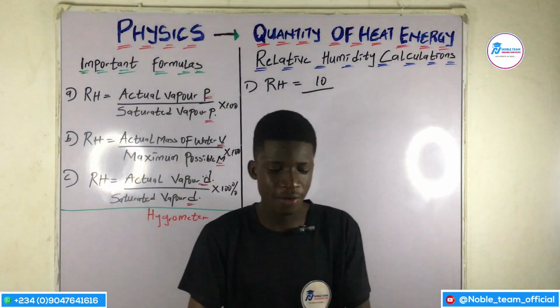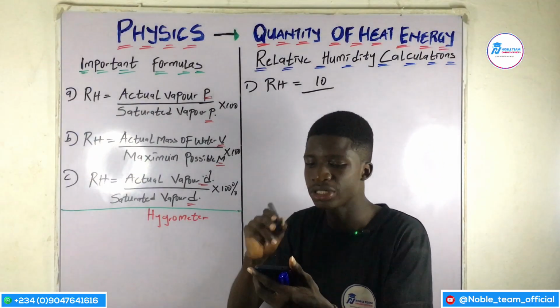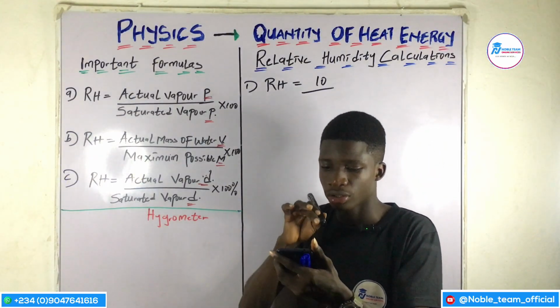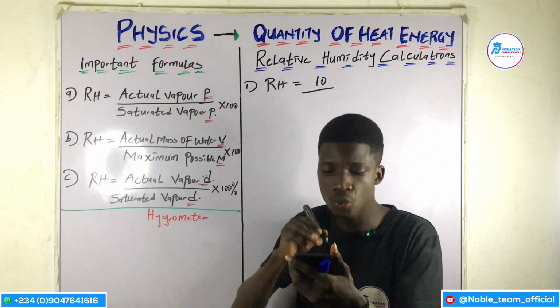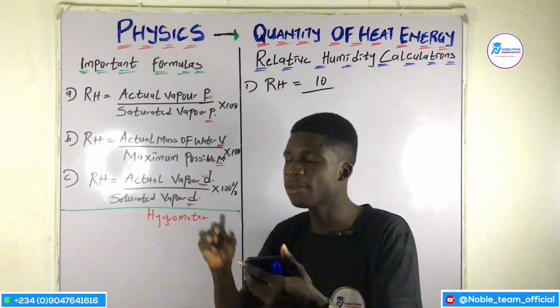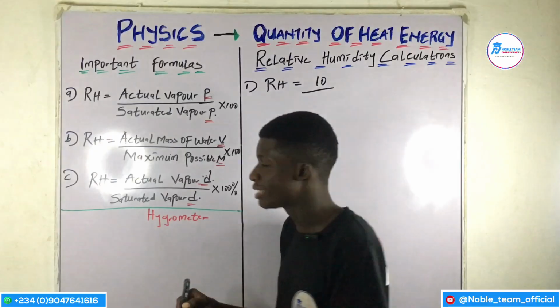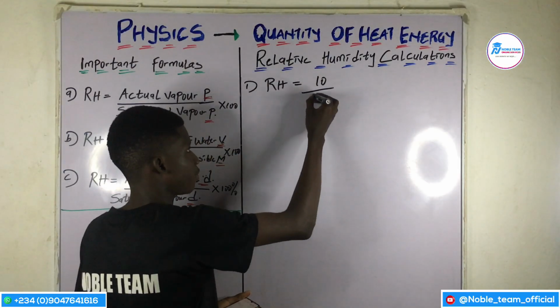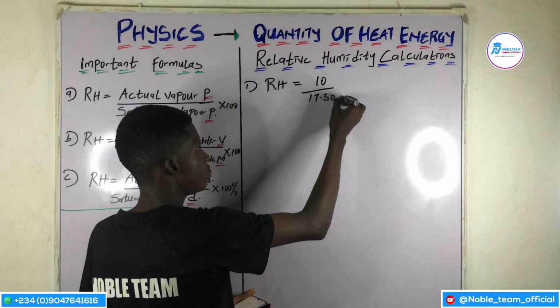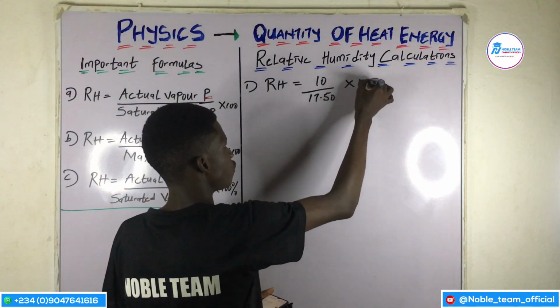The saturated vapor pressure is from the table. At temperature 20, your SVP is 17.5 millimeter mercury, times 100.